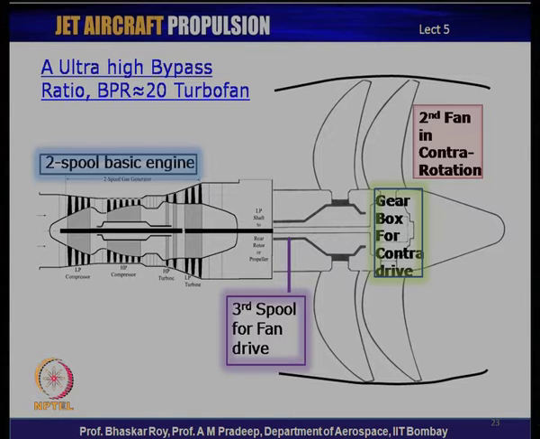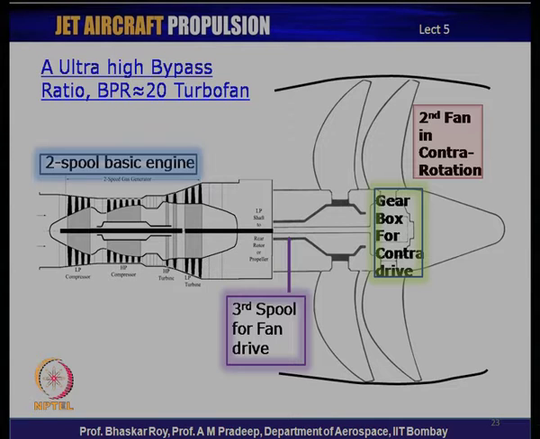If you have 2 fans, it is entirely possible, and it has been demonstrated, that through the gearbox you can run the second fan in the opposite direction, that is, counter rotation. If you do that, you get a huge benefit in terms of thrust production and in terms of SFC. So, this is a kind of very high bypass ratio prop fan.